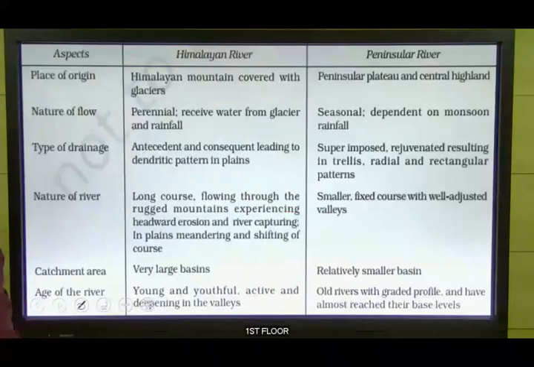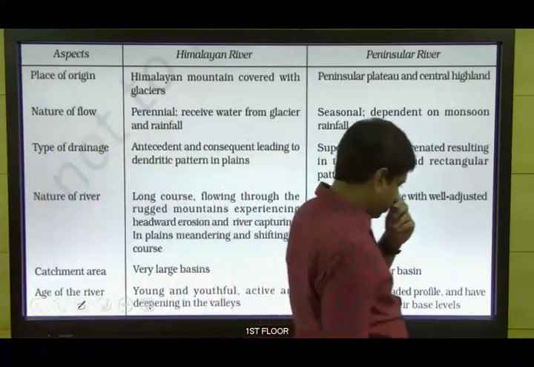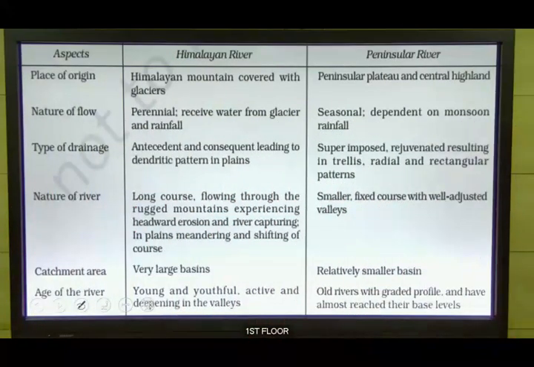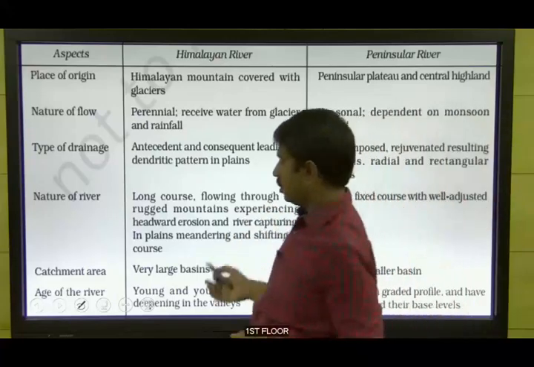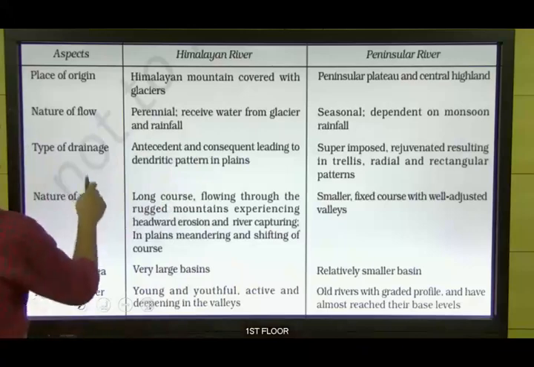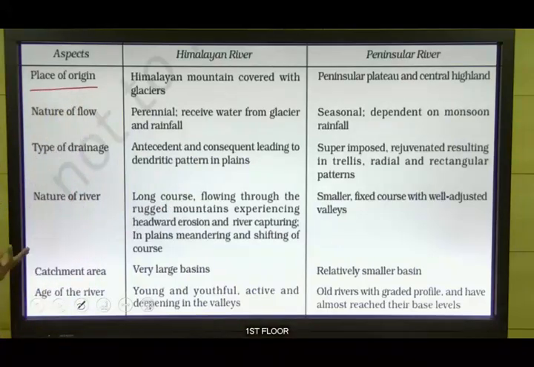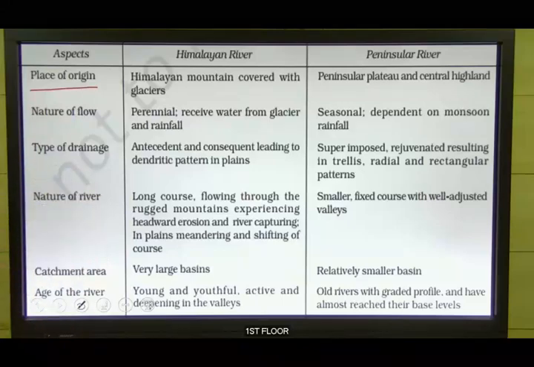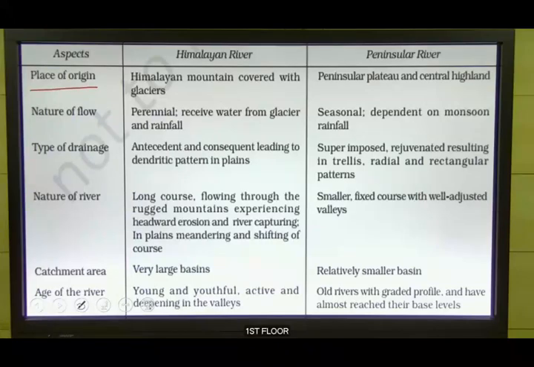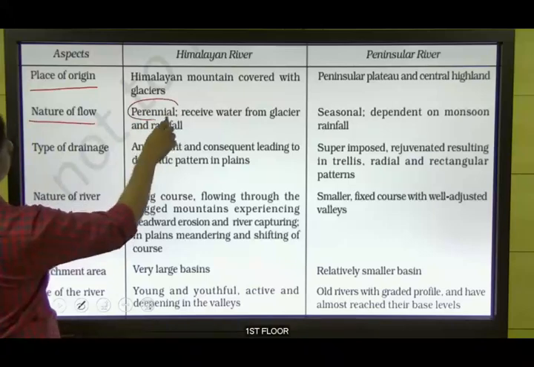Okay, and that's all about the peninsular rivers. Now, the difference between the Himalayan river and peninsular river. I have taken this from NCERT only, and NCERT has the chart. Place of origin: Himalayan mountains and glaciers. In the peninsula it is either the Western Ghats, Peninsular Plateau or the Central Highlands. Nature of flow: it is perennial.